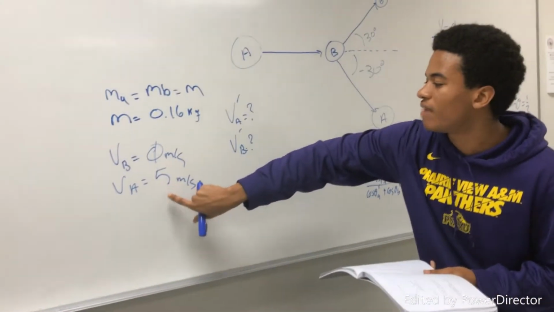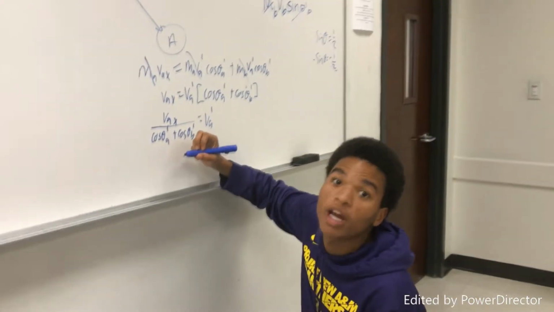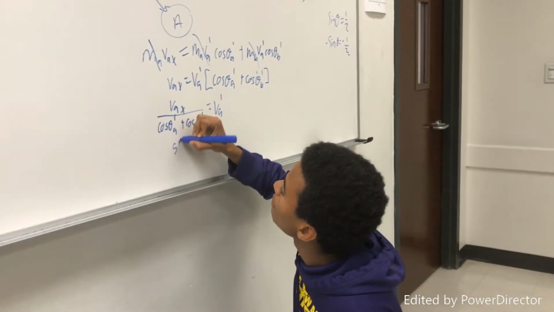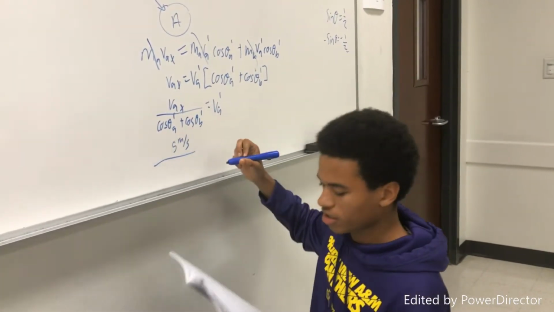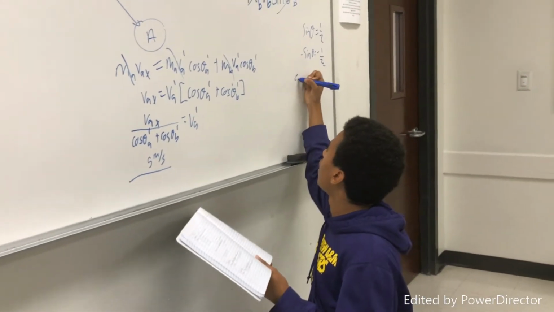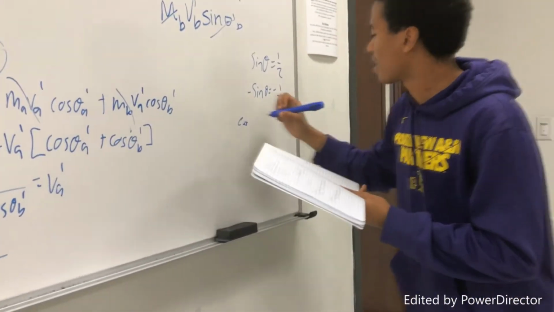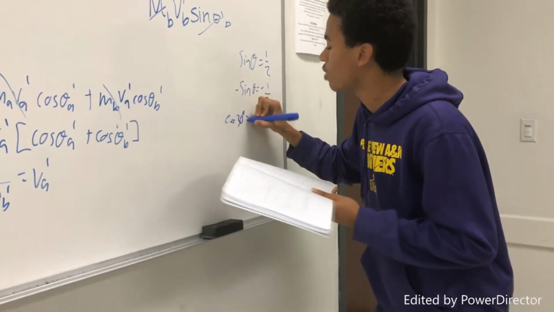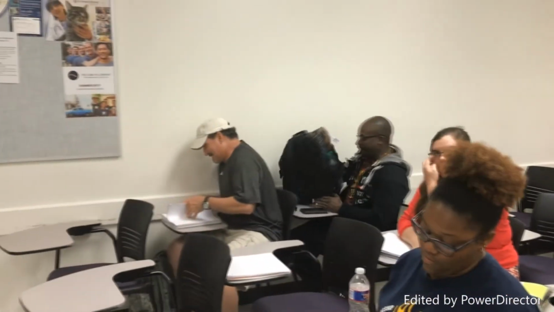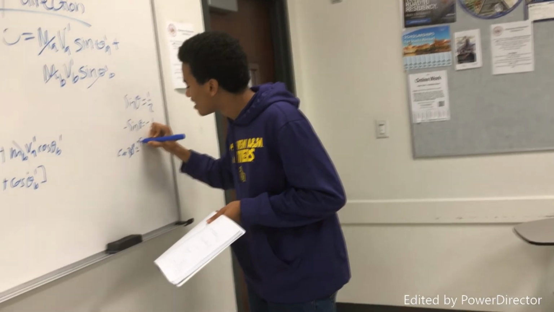The original velocity of A was 5 meters per second, so we plug that into VAX. And cosine of 30 degrees is what, class? Square root of 3 over 2, yes.